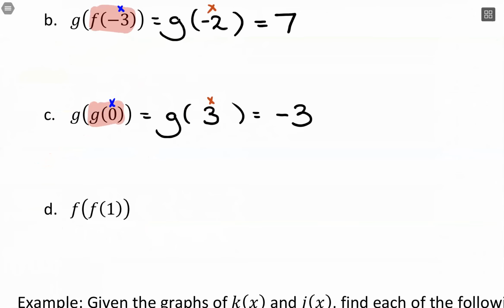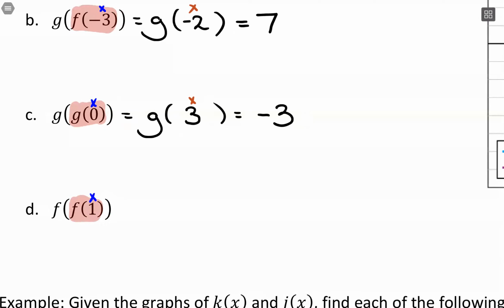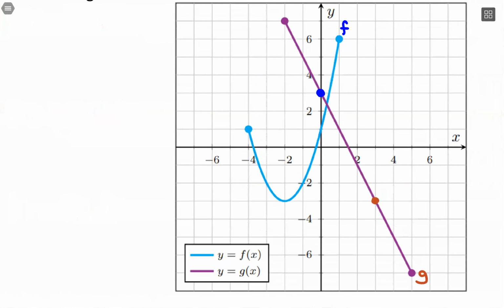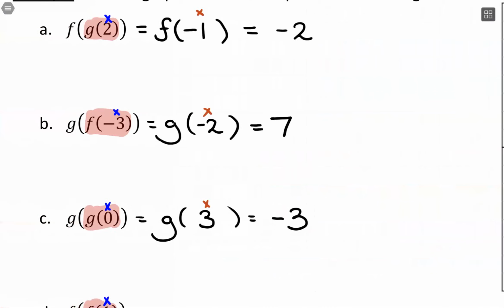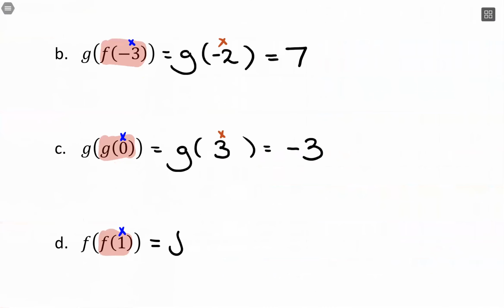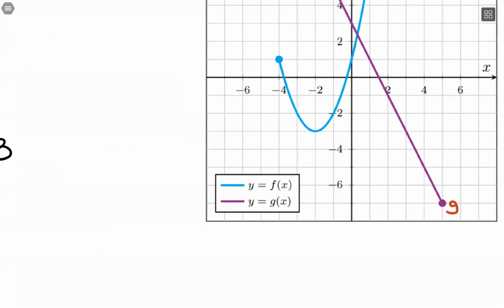All right, this last one here, we want to replace f of 1. So we have x equals positive 1, and we want to see where f of x is. If we're at positive 1, f of x is all the way up here at positive 6. This is the same thing as looking at f of 6. So now I'm going to let x equal positive 6 and see where f of x is.